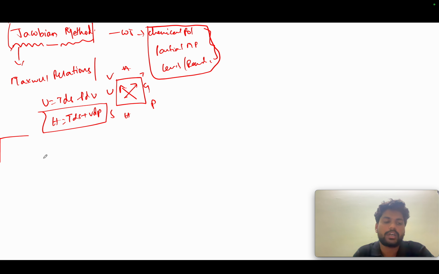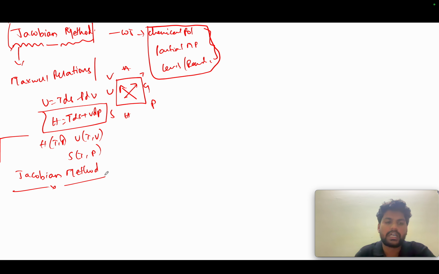If I ask you to solve for H of T comma P, or U of T comma V, or S of T comma P, initially we did it the normal mathematical way of Maxwell relations. Another way of doing this is the Jacobian method. I will go through the basics.